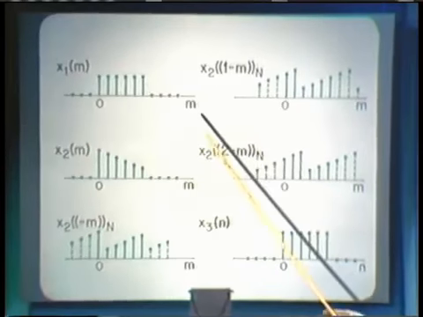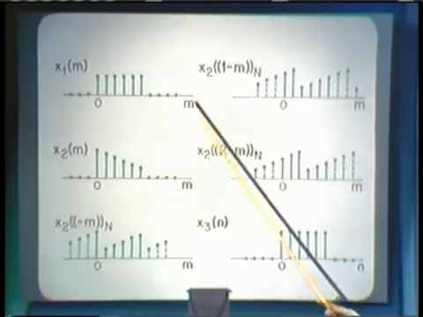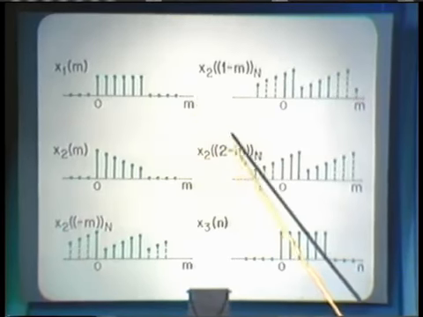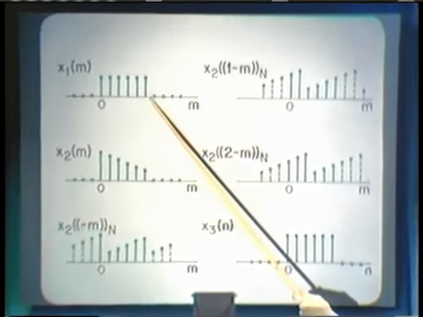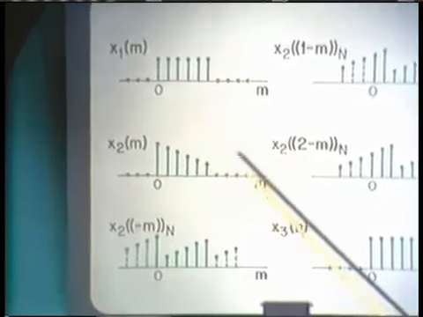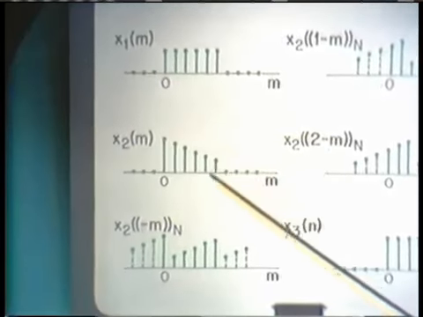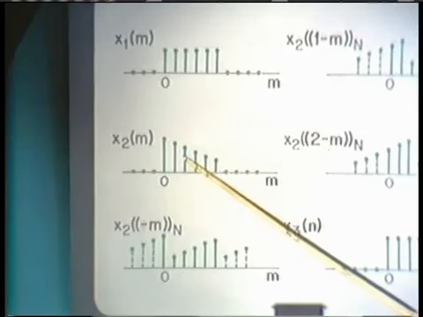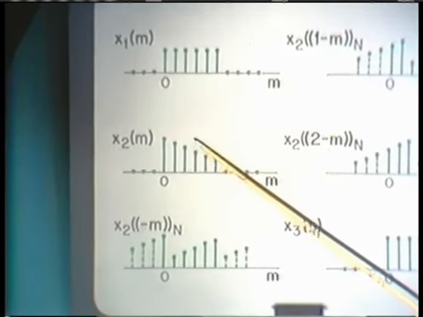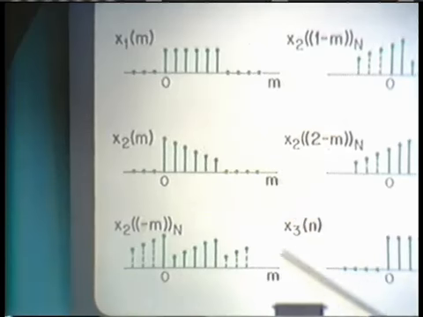Remember that in the circular convolution, we're summing over an index m. So here we have x1 of m, here we have x2 of m, and what we want to form is x2 of n minus m taken modulo capital N.